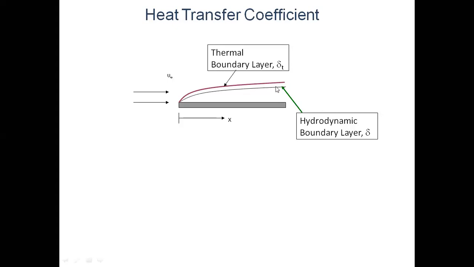At some distance, it will be equal to the bulk fluid temperature. This line which separates the fluid having different temperature from the bulk fluid is the boundary of the thermal boundary layer which has formed. Okay, so this is the physics.